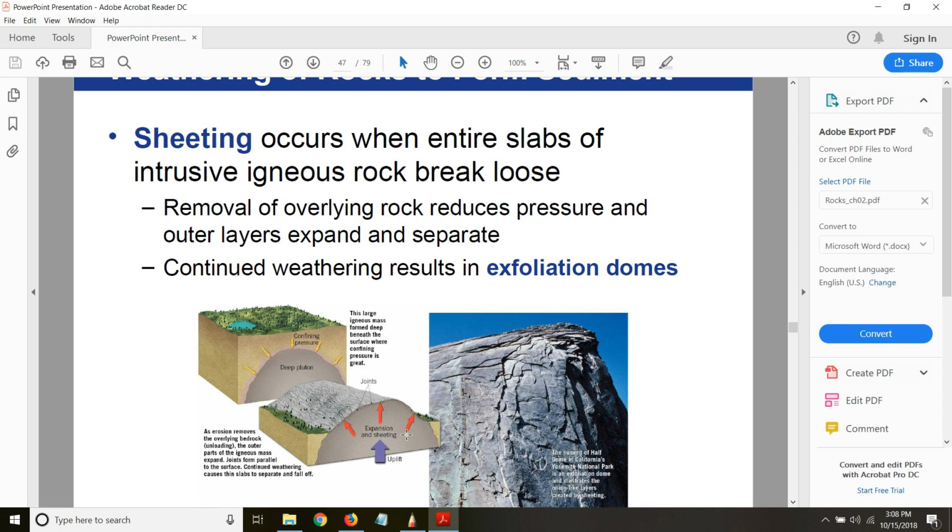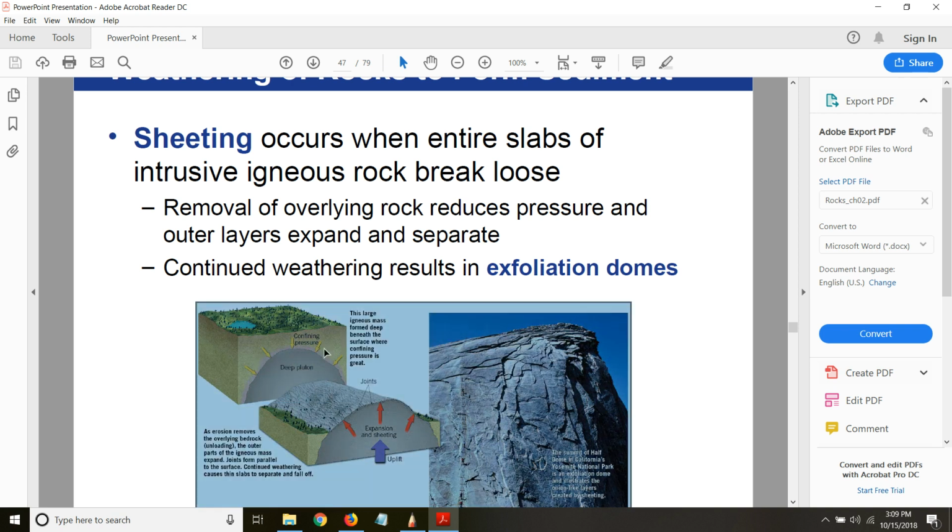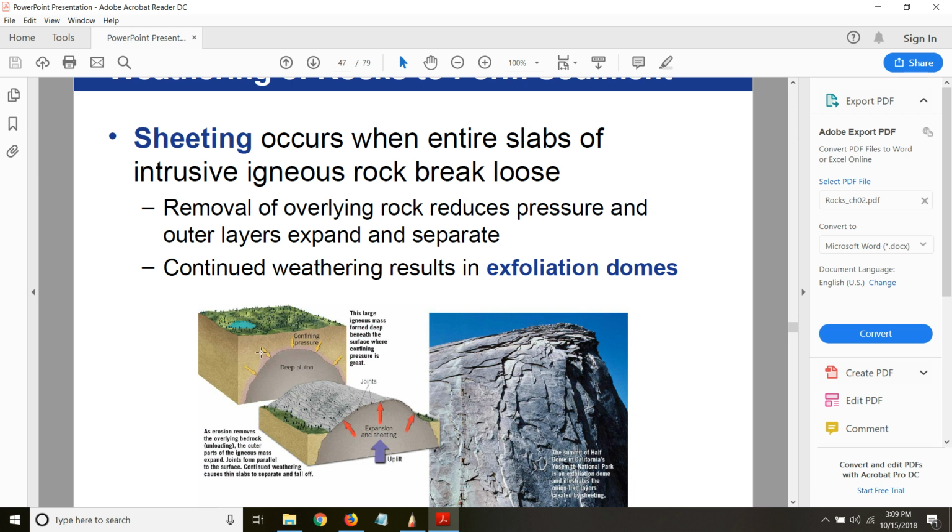so that will be helpful. In the process of sheeting, you have this deep pluton, intrusive igneous rock, which is confined under the overburden pressure, and as the weathering continues, this confining layer will continue to erode.